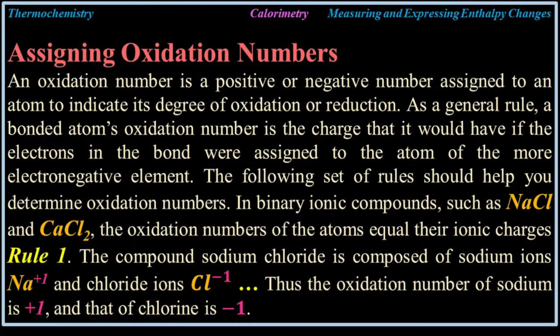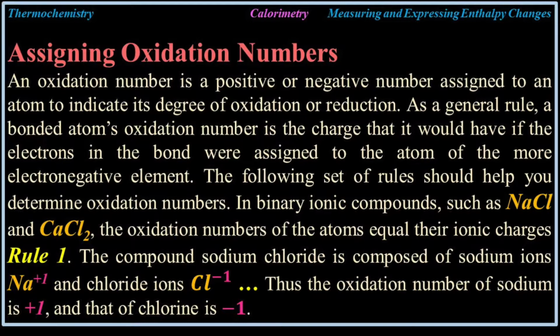Assigning oxidation numbers. An oxidation number is a positive or negative number assigned to an atom to indicate its degree of oxidation and reduction. As a general rule, a bonded atom's oxidation number is the charge that it would have if the electrons in the bond were assigned to the atom of the more electronegative element. The following set of rules should help you determine oxidation numbers.